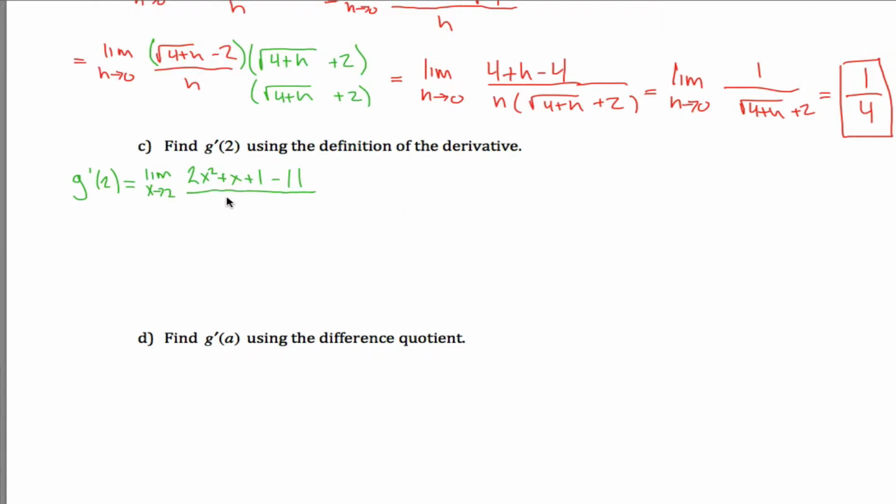Divided by x minus 2. In other words, it's the limit as x approaches 2 of 2x squared plus x minus 10 over x minus 2.